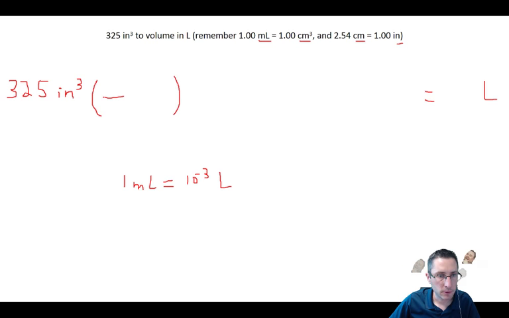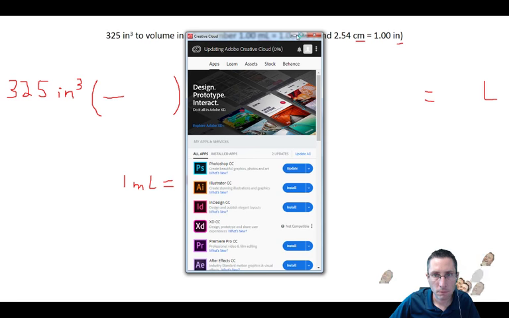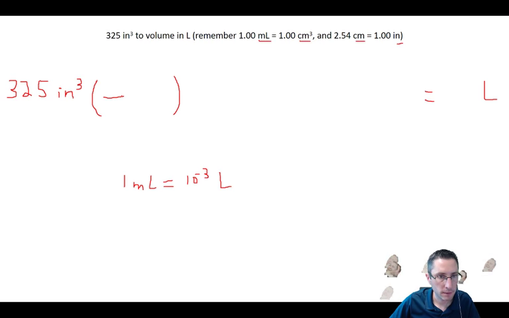I'm going to do a little bit of a shortcut here. I know I'm going to have to get rid of these inches.